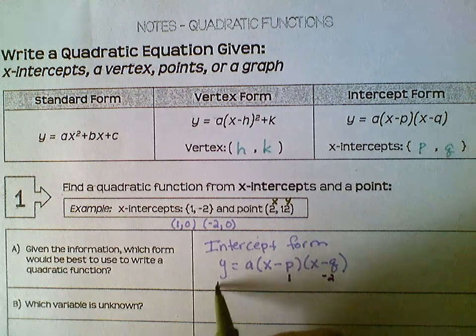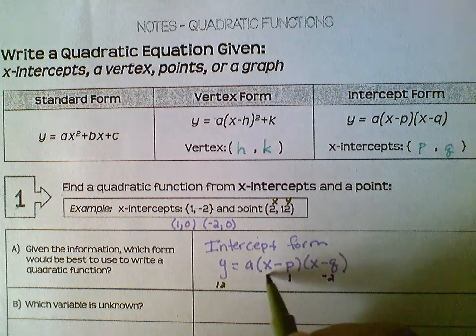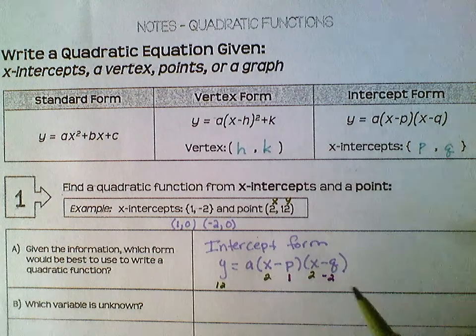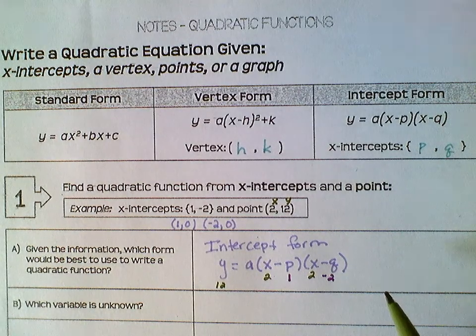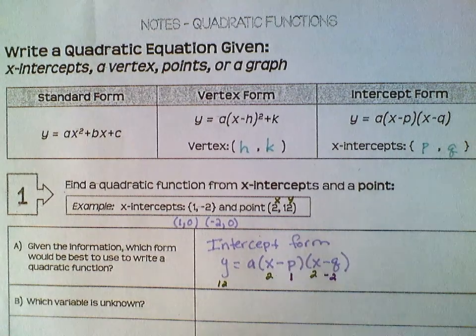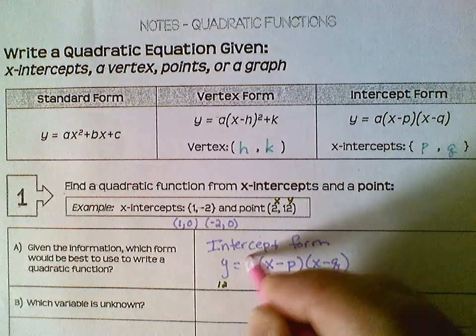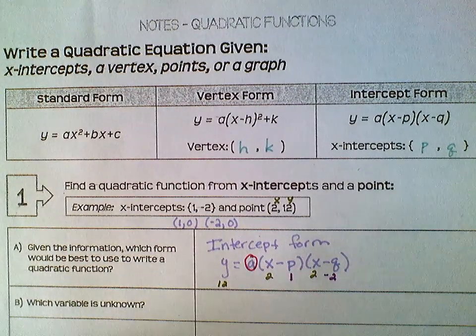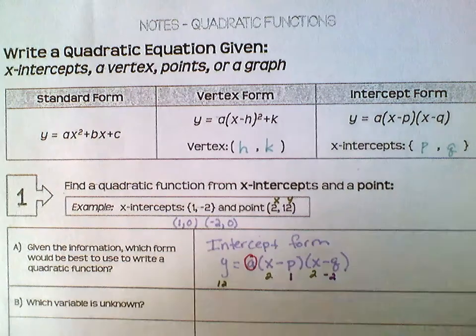So we have our y and we have our x, and we can substitute all of this in. So what variable is unknown? The a variable is our unknown. This is what we're going to have to find.